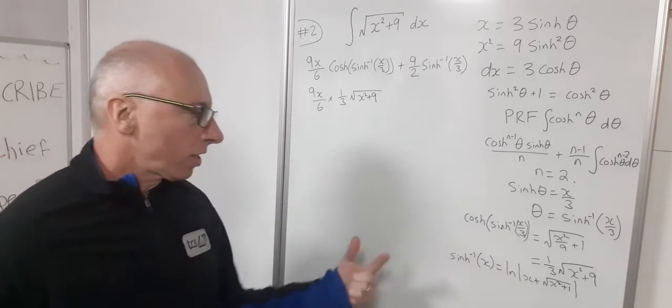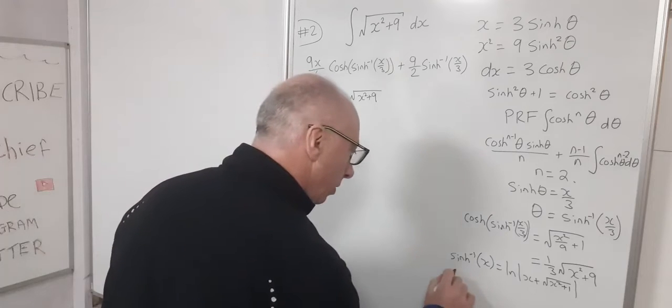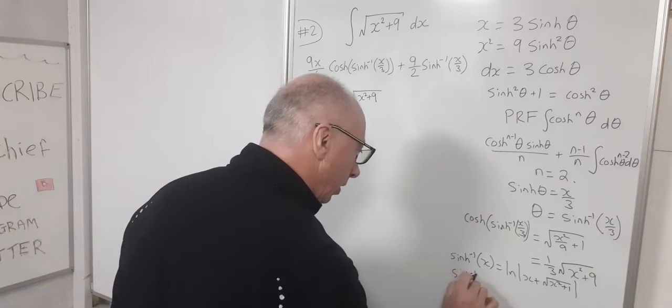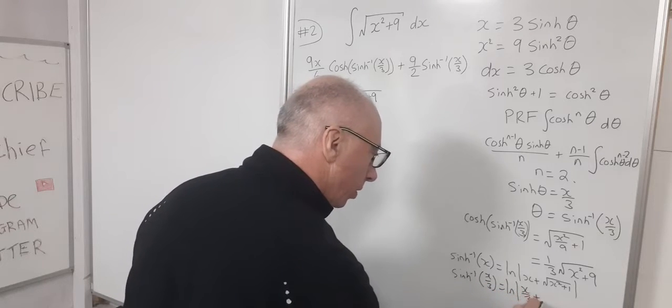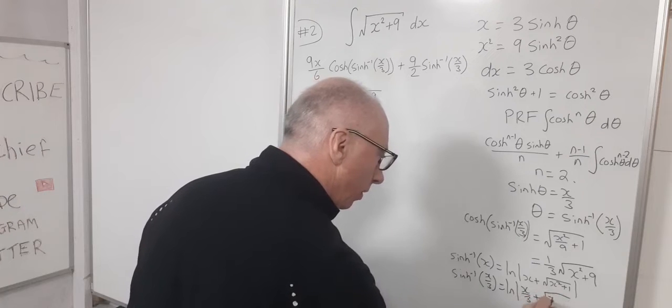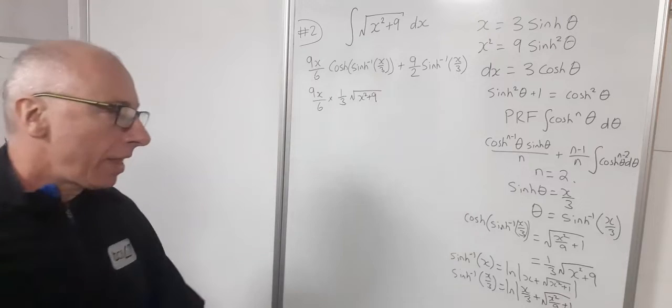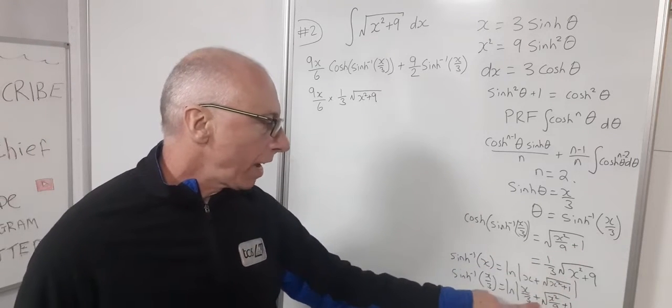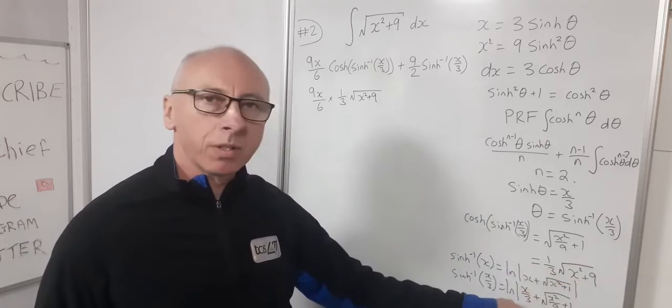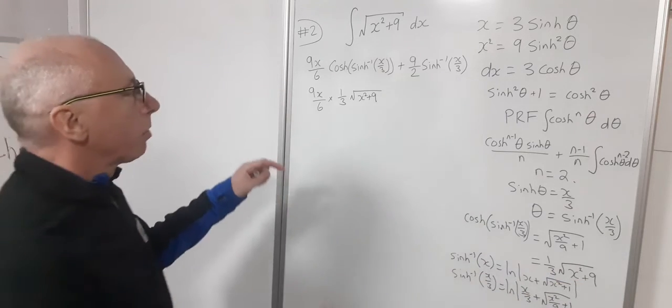So if you've got x over 3, that will give us the natural logarithm of x over 3 plus the square root of x squared over 9 plus 1. And as we did before with this one, we can take 1/3 out and leave us with x squared plus 9 inside there. So that's what I'm going to do now.